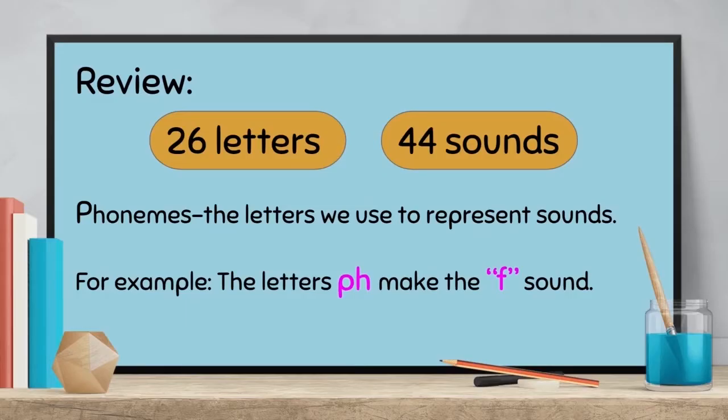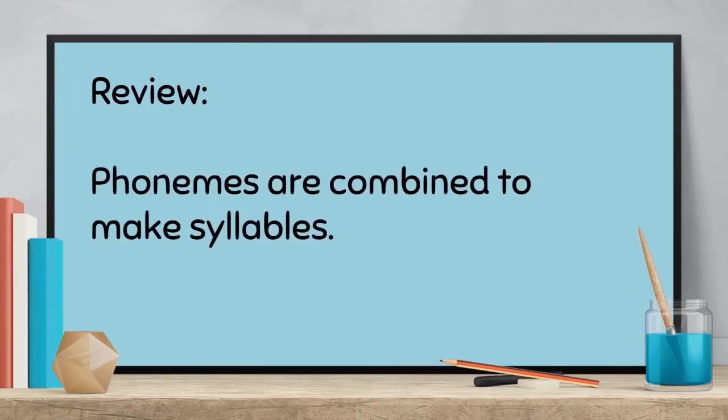Just as a review, there are 26 letters in English, and there are about 44 sounds. The letters that we use to represent sounds are called phonemes. So the letter combination, like the P and the H, makes an F sound. We want to talk about that a little bit today.